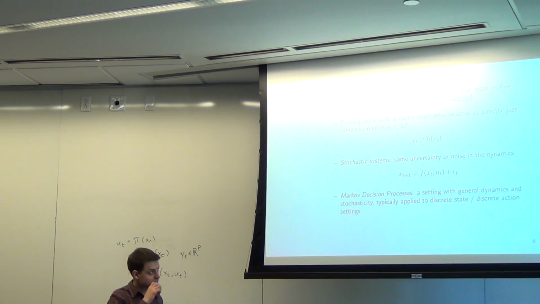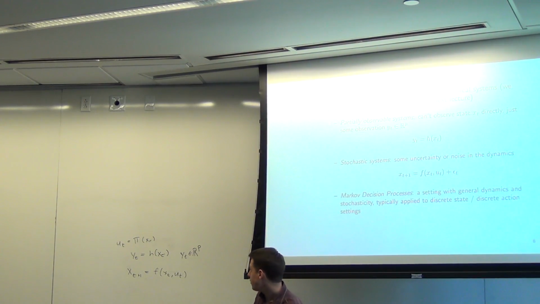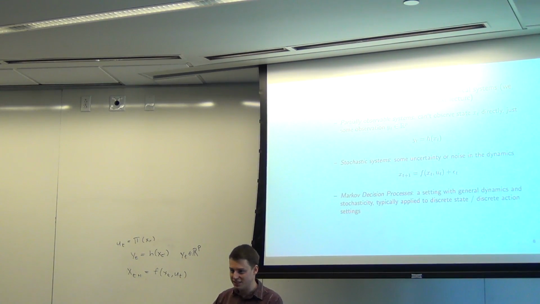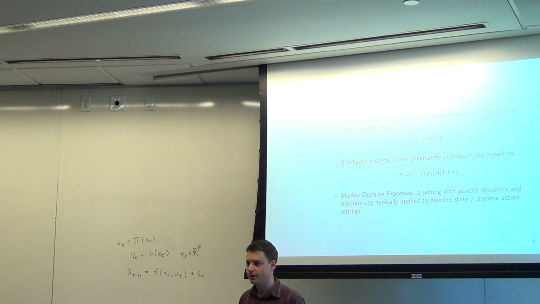The reality is this is not the situation of most real-world systems, due to two reasons. Either there really is some randomness in the system injecting some amount of noise, and so our actual next state equals a function of the current state and control plus some noise term, which we'll call epsilon_t.